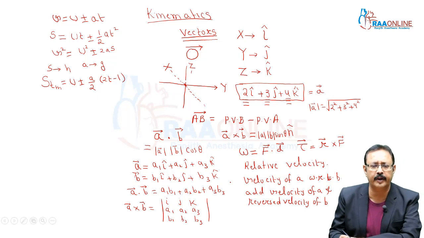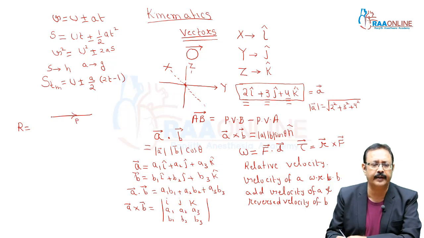When you want to calculate magnitude of resultant of two vectors, you can use this formula. If P and Q are two vectors and their resultant is R, you can calculate R by the law of parallelogram of vectors, which is the result of triangle of vector. What is triangle law?